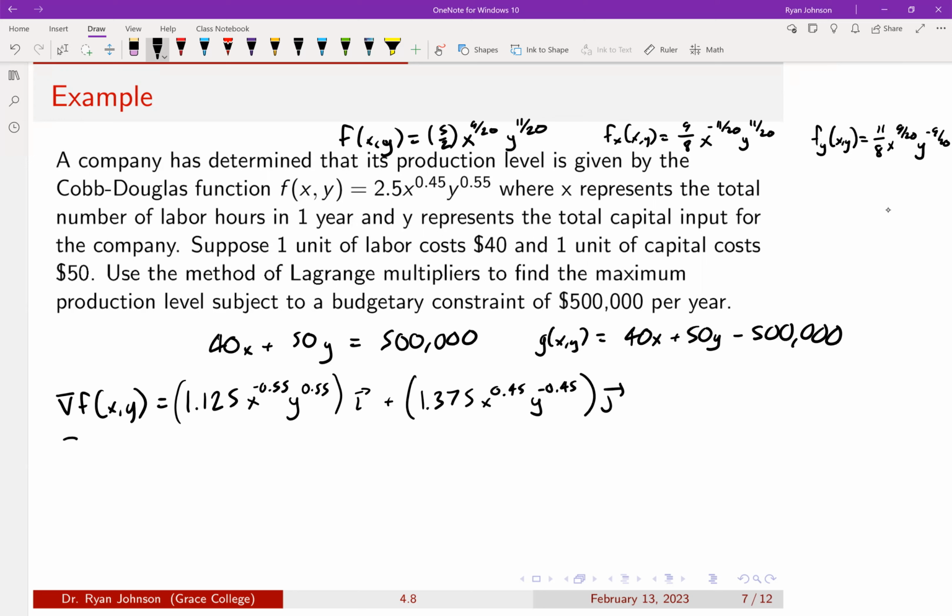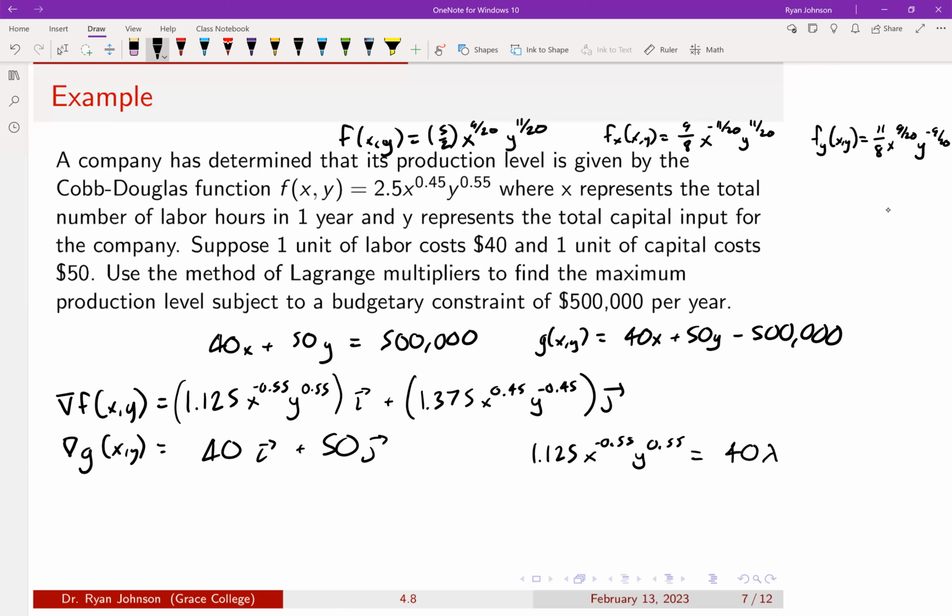And then the gradient of g(x,y) is, of course, 40i plus 50j, which gives us equations. With regard to i, that means 1.125 times x to the negative 0.55 times y to the 0.55 equals 40 lambda.